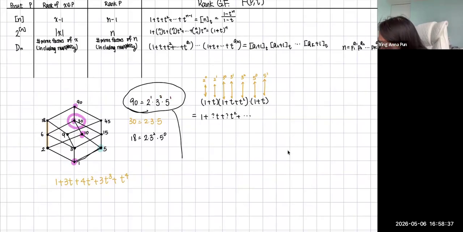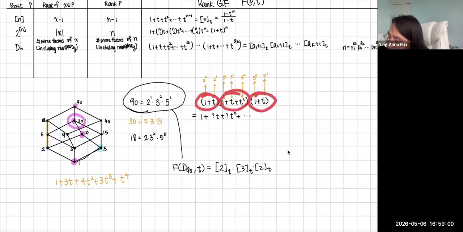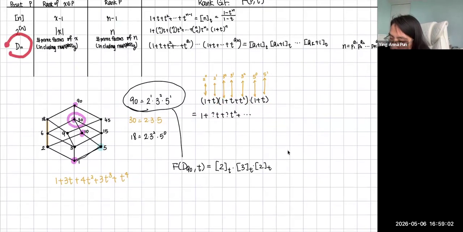And so the rank generating function, let me use the notation f of D90 t, would be 1 plus 1 is 2, so 2t times 2 plus 1 is 3, 3t times 2t. So that corresponds to 1 plus t, 1 plus t squared, and 1 plus t. So that's the rank generating function of Dn.